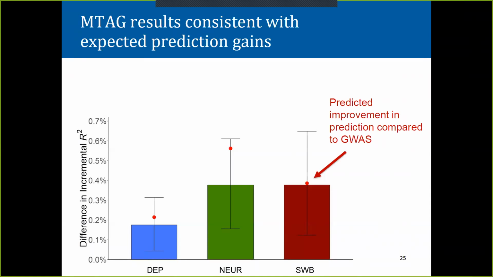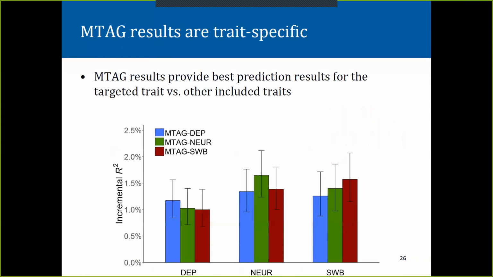And if a big portion of it was just noise, so maybe some of it was added information, but some of it was just inflation of the chi-squared statistics, we'd expect the improvement in the polygenic score to not be as large as expected. But we see that for the most part here, our polygenic scores are improving in power by how much we'd expect them to. And so that's further evidence that the increase in signal that I showed you is a true increase in signal.